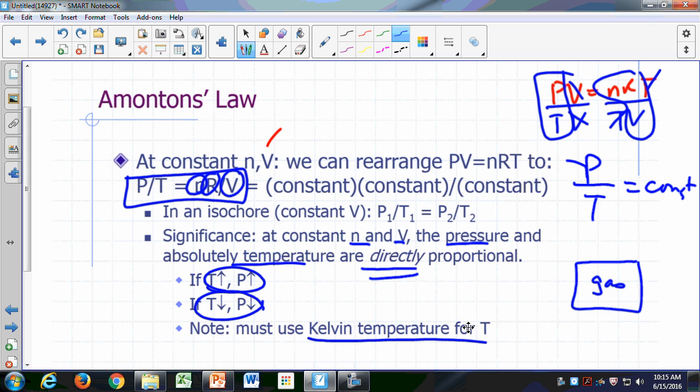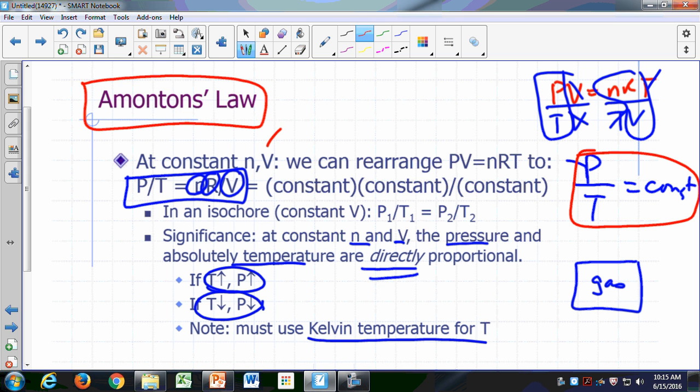Now, this relationship between pressure and temperature, this direct proportionality, is known as Amontons' Law. You may find this in some textbooks referred to as Gay-Lussac's law.